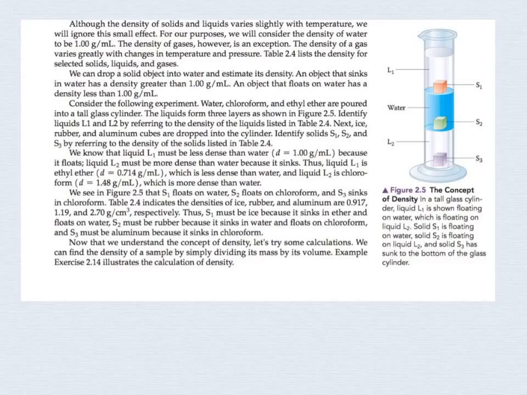Each number compares to the one above. So S2 has got to be lighter than liquid 2, and S3 is going to be heavier than liquid 2, and so on. You should read the explanation in your textbook. It's quite nice, explains it very well, and you'll be able to answer the questions on your assignment about density.